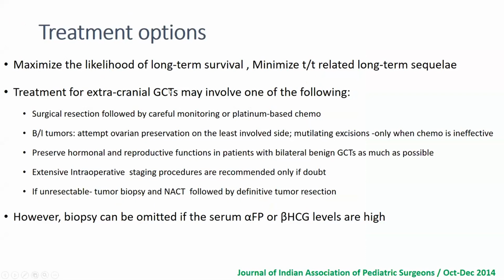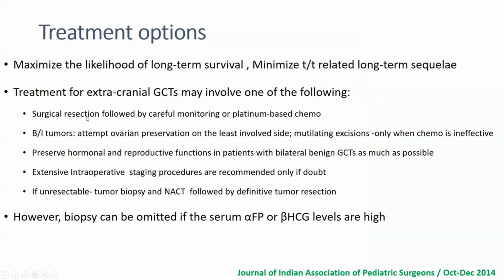So coming to the treatment options in germ cell tumor. As in all pediatric cancer, the aim should be long-term survival and to minimize treatment-related long-term sequelae. So these are a few policies which have to be followed while treating extracranial germ cell tumor.